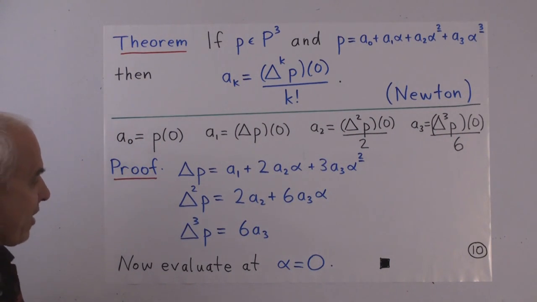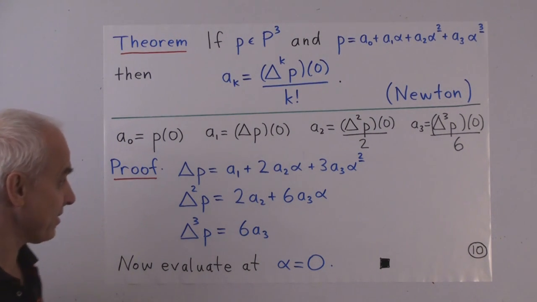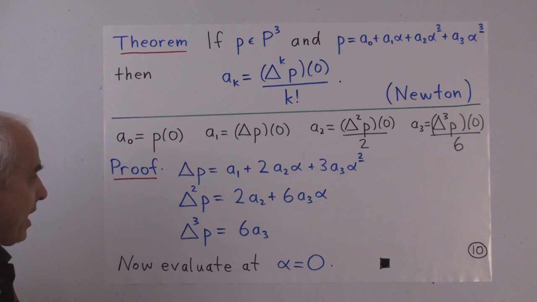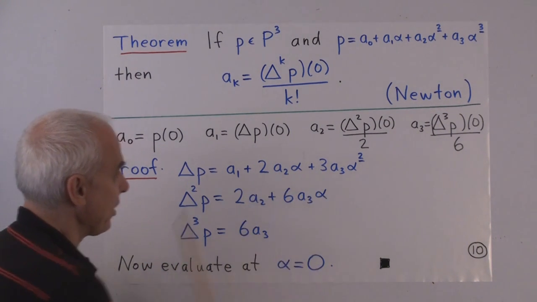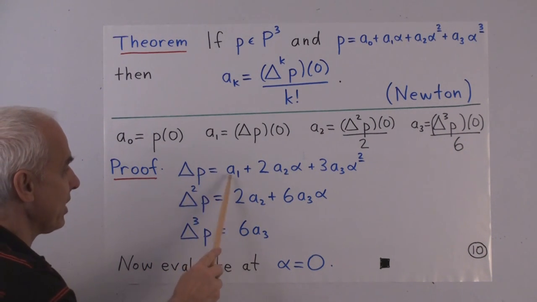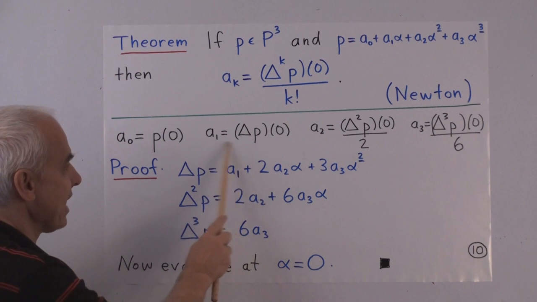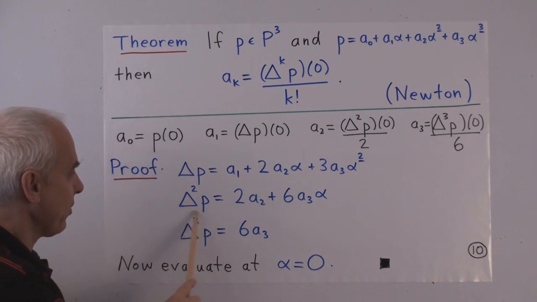Alright, so now we can read off what happens when we substitute alpha equals 0 in these formulas. If we put alpha equals 0 in here, these two terms disappear. Now we get the forward difference of p at 0 is A1. That's exactly that formula. Plug alpha equals 0 in here.